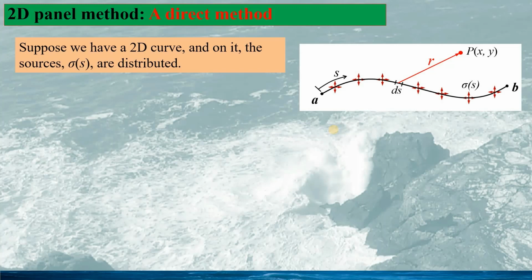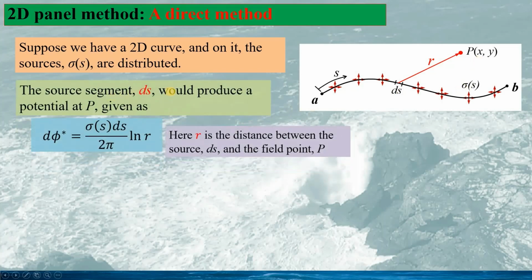Then we may have a question how we can solve the 2D potential flow problem. Generally, we have many different ways of dealing with 2D potential flow, or more specifically, the 2D panel method. Here, we suppose a 2D curve from A to B, and on it, we distribute the sources sigma s, and the source segment ds here would produce a potential at P, d phi star, given as this.